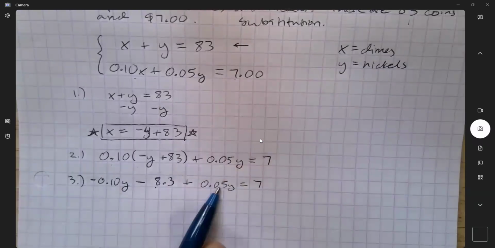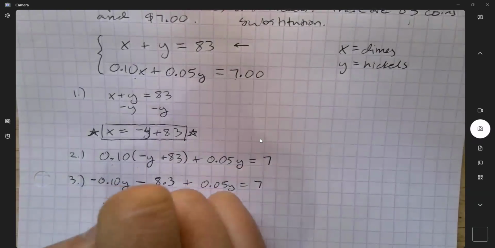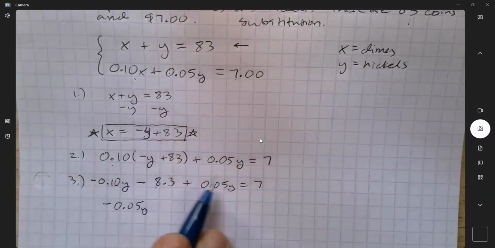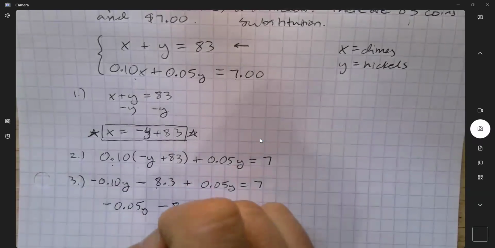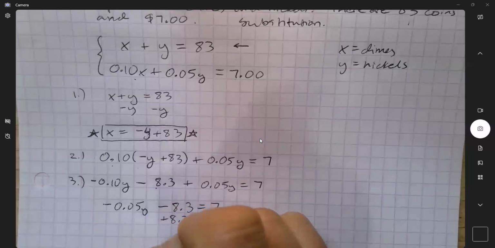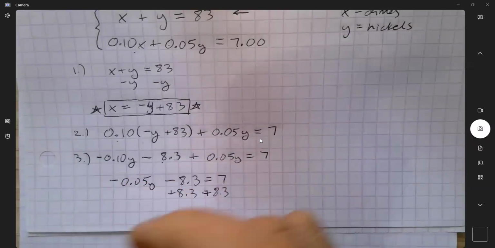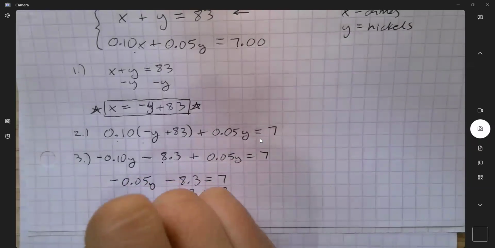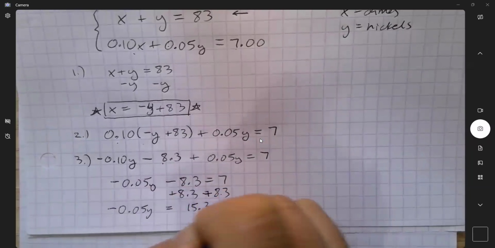Combine my like terms, and I get negative 0.05y, because negative 0.1 plus 0.05 is negative 0.05, minus 8.3 is 7. Add 8.3 to both sides, and I have minus 0.05y equals 15.3.